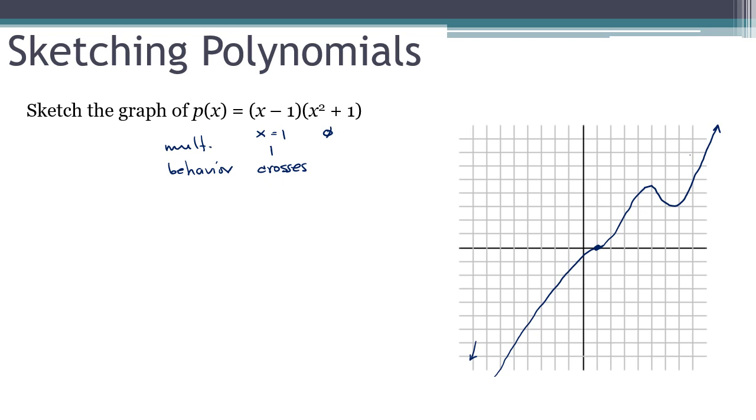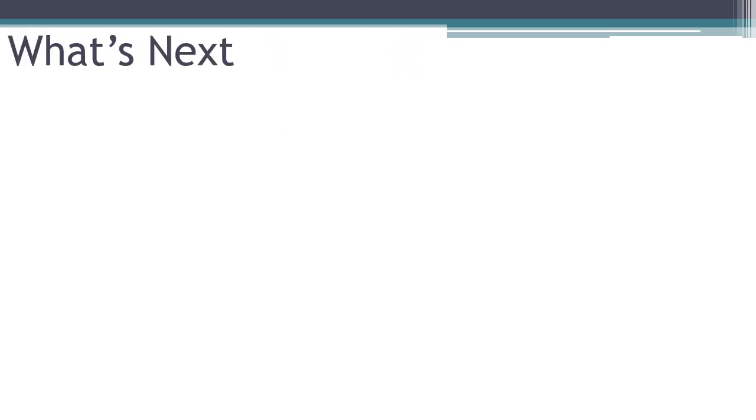So what's coming up next? More tools. You notice these polynomials, frankly, they weren't very realistic. I mean, just being honest about it. Usually, when we get polynomials, they're not already nicely factored for us, like these all were.